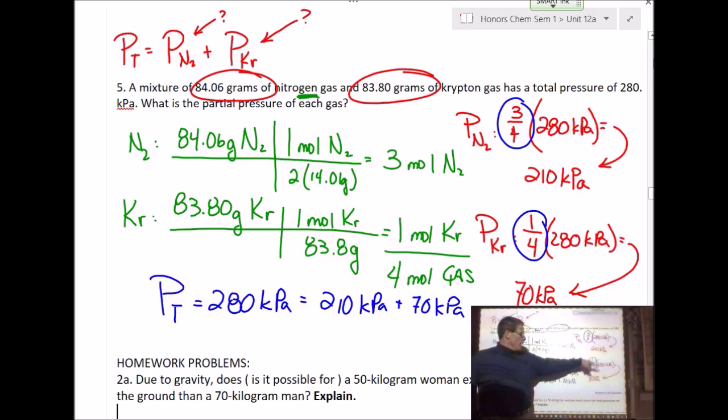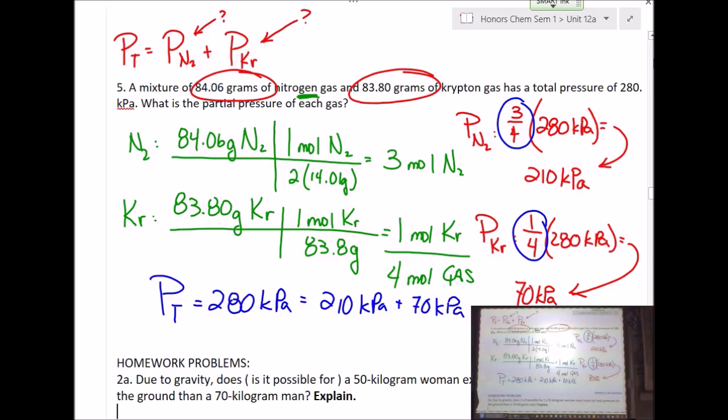But these better add up to the total when you get done. Or if you have multiple gases, make sure they all add up. And so for the answer, would you just circle 210 and 70? Yeah. And sadly, the green and the red I would need to see, minimum. The blue, that's whatever you need if you want to do that. Okay.